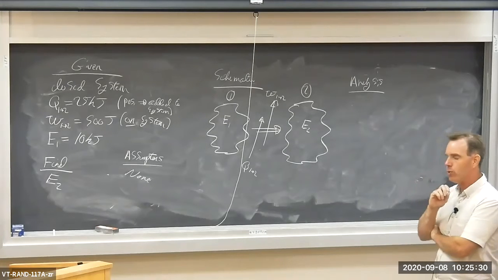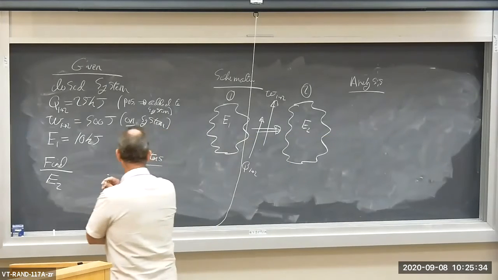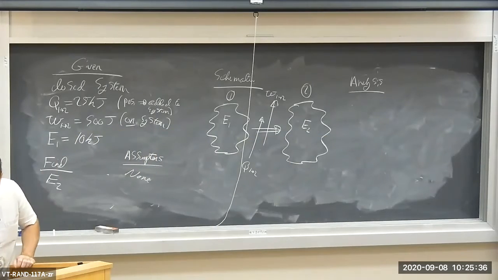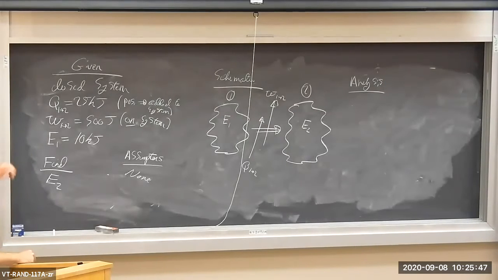So now the question is, what version of the energy balance are we interested in? Well, let's go look at our versions here. So the problem indicates what kind of a process. We're going from state 1 to state 2. This would appear to be an overall process problem.